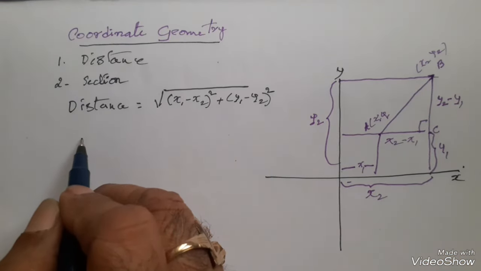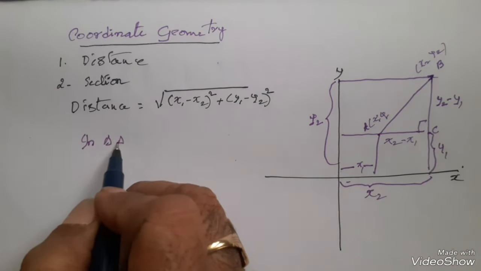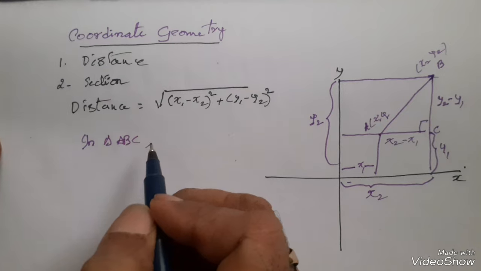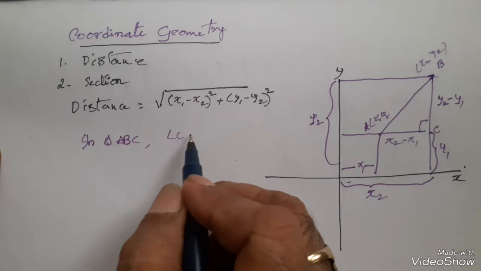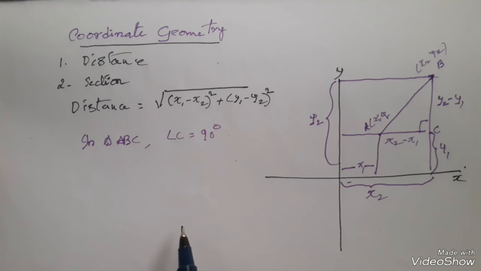Now in triangle ABC, angle C is 90 degrees. Since it is a right angle triangle, we can apply the Pythagoras theorem. What is the Pythagoras theorem?